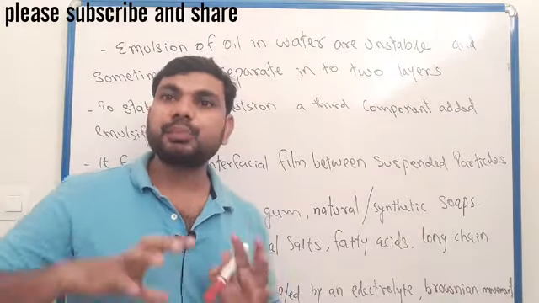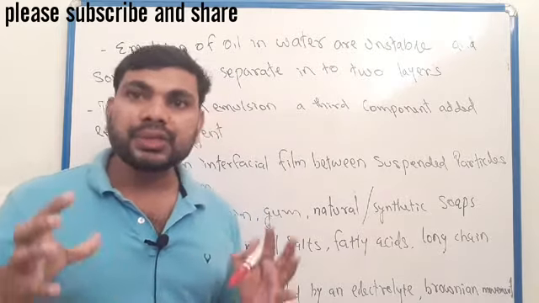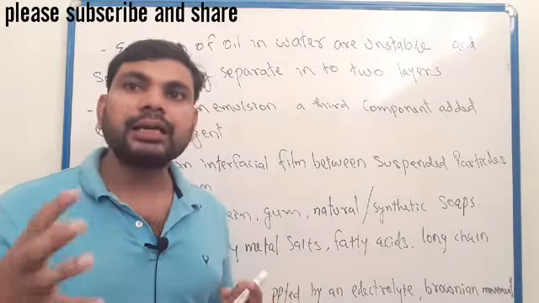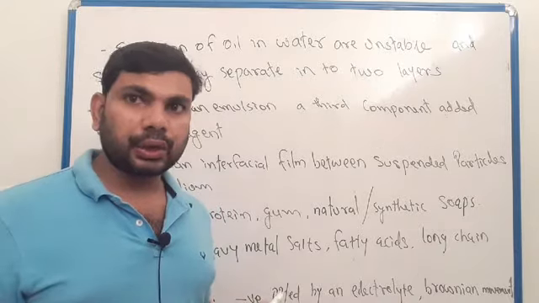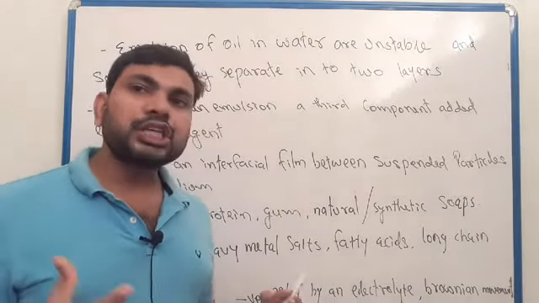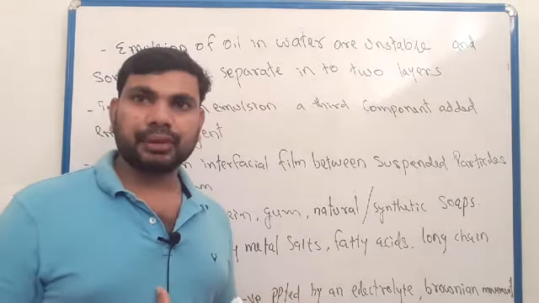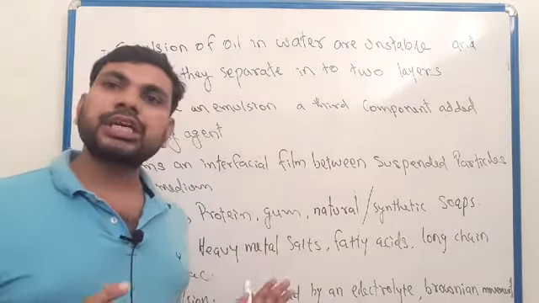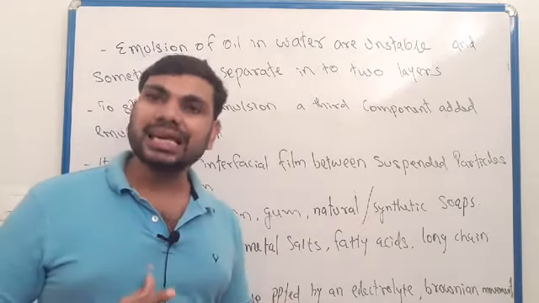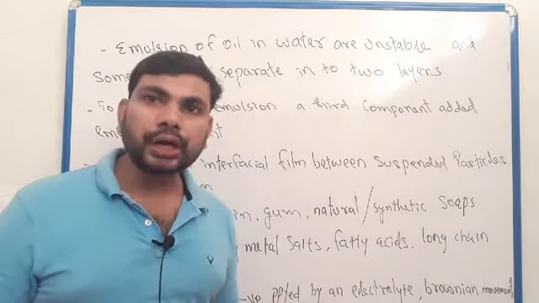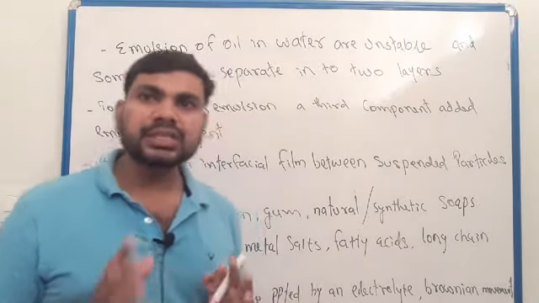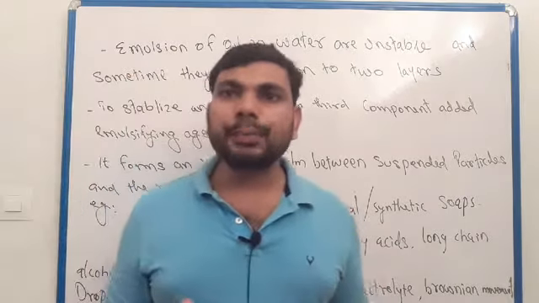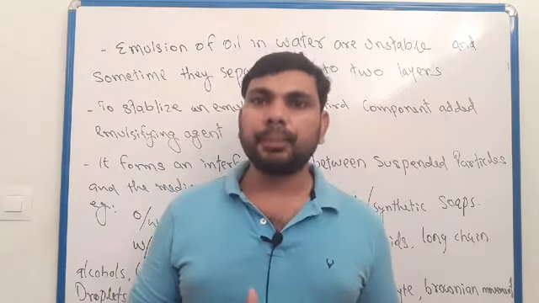By the addition of a small quantity of electrolyte, these droplets coagulate and form a precipitate. They also show the Tyndall effect, which we know, and Brownian movement. These are some properties of droplets of emulsion.